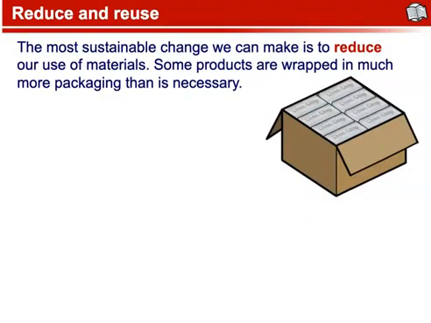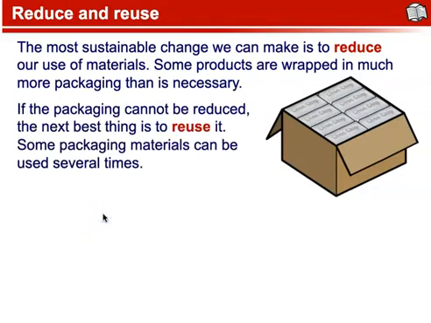Reduce and reuse. The most sustainable change that we can make is to reduce our use of materials. Some products are wrapped in much more packaging than is necessary. If the packaging cannot be reduced, the next best thing is to reuse it.